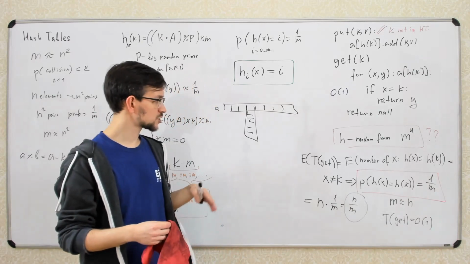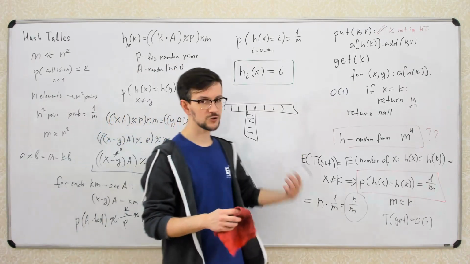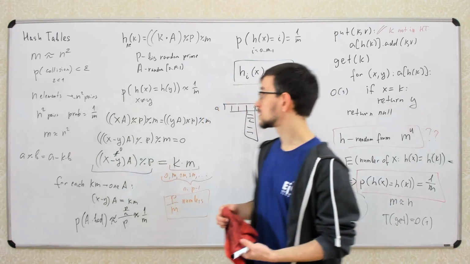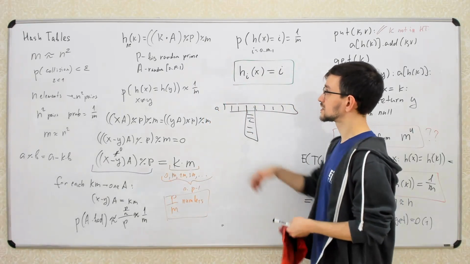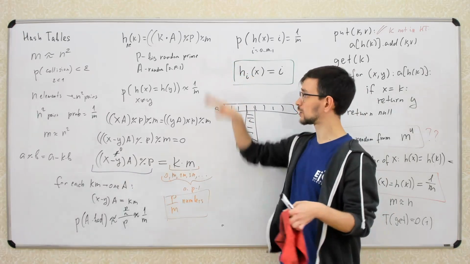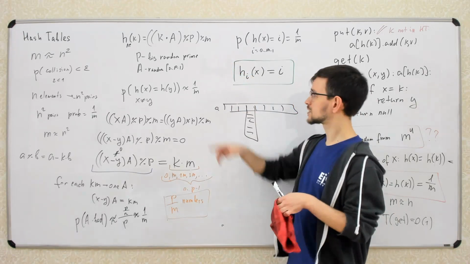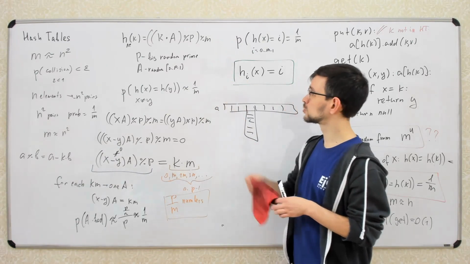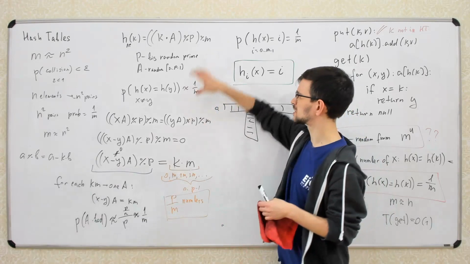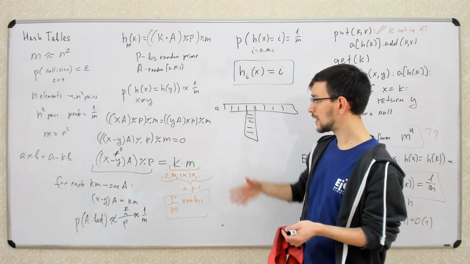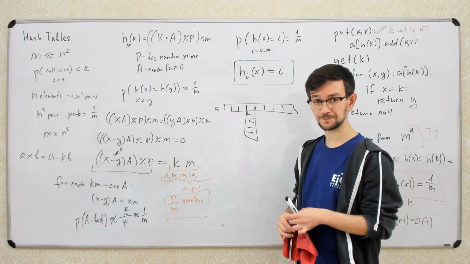If your keys are not integers but some different objects, basically what you need is to have a set of hash functions which have some random parameters like this, and you use these random parameters to calculate your hash functions, and you want to prove something like that.